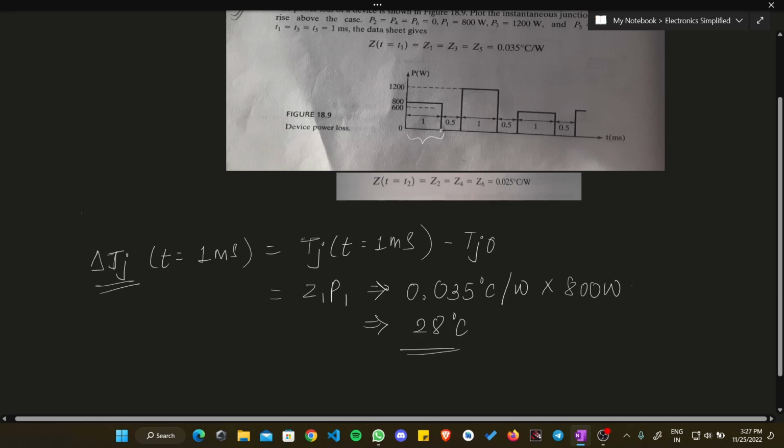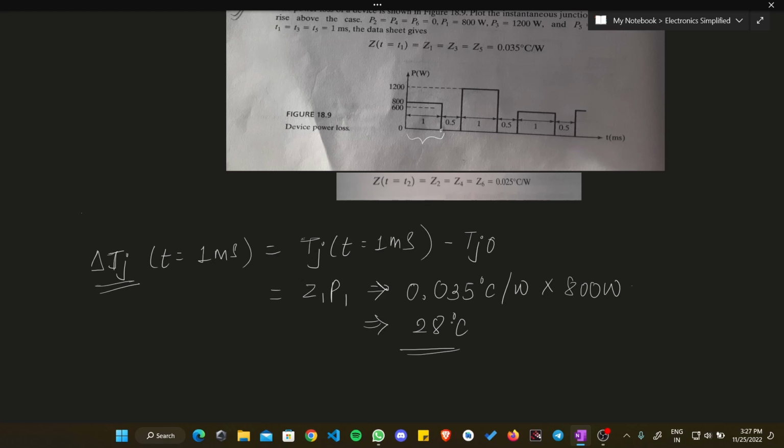If you solve this multiplication, you will get the answer as 28 degrees Celsius. It means the junction temperature at the end of the first pulse, at t equal to 1 millisecond, will be equal to 28 degrees Celsius.